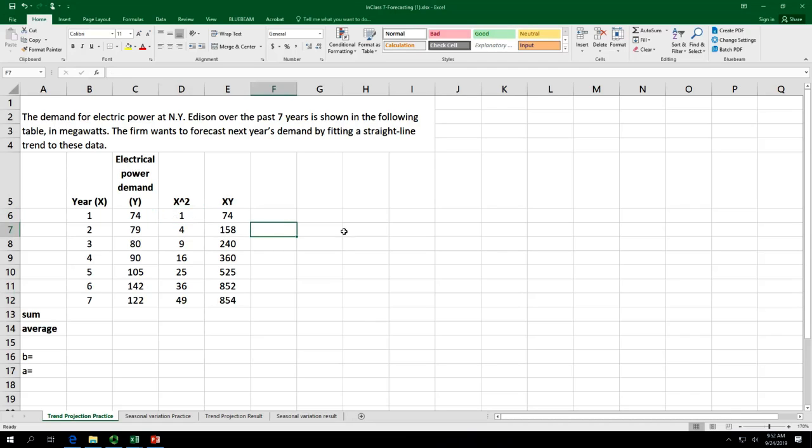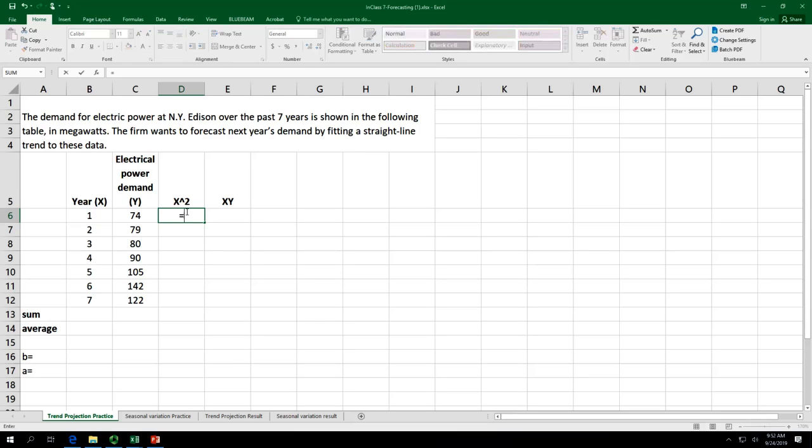Suppose these two columns should be blank, and you are only given x and y, right? From the example, if you look at your handout, you are given only 2 columns. But you need to prepare x squared, x bar the x average, y average and sum.